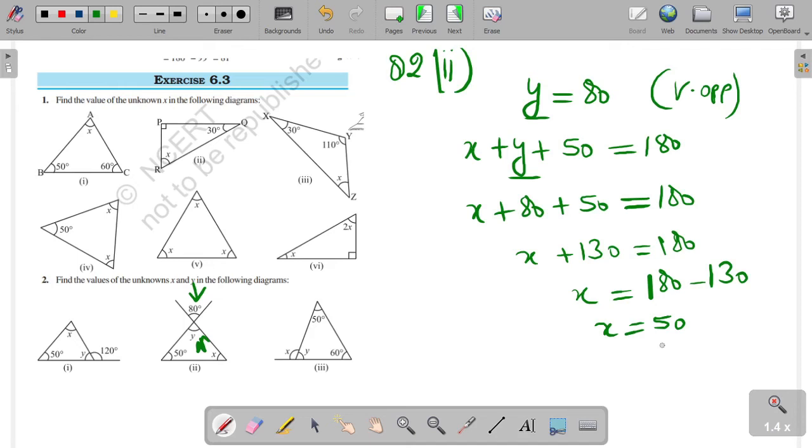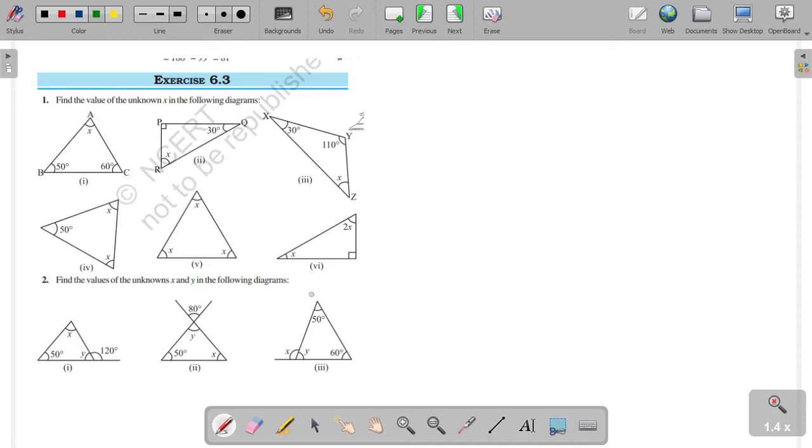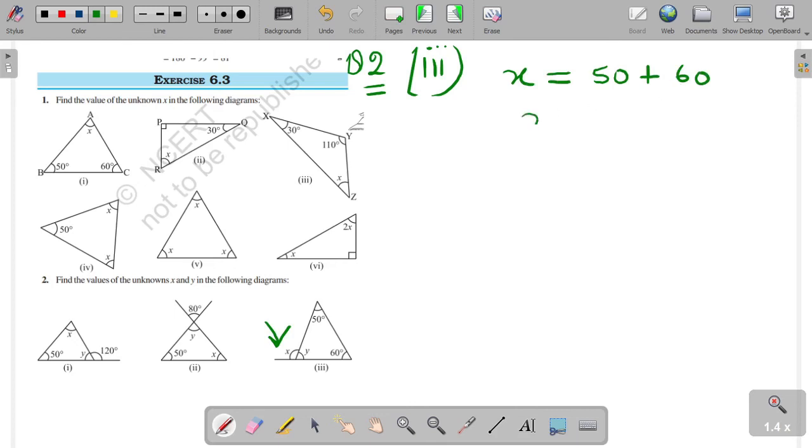Then we move to the third part. In third part, this is exterior angle. So in third part, question number 2, x is equal to 50 plus 60. So x is equal to 110.